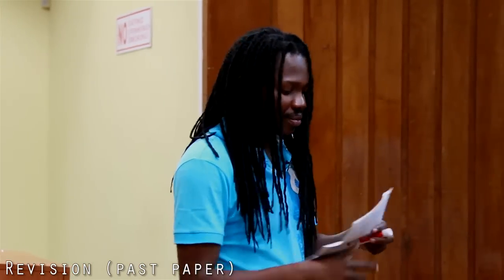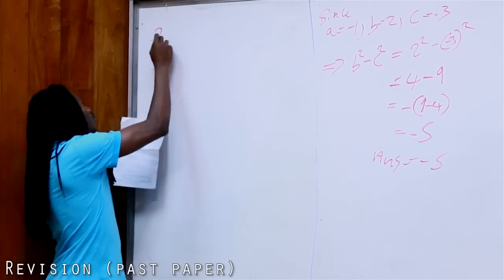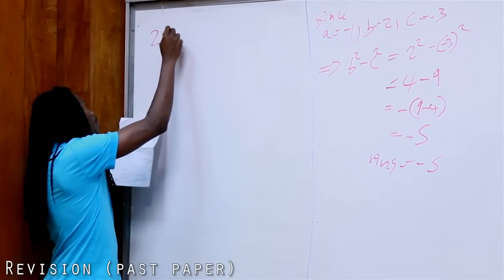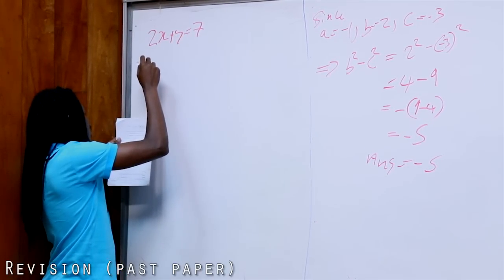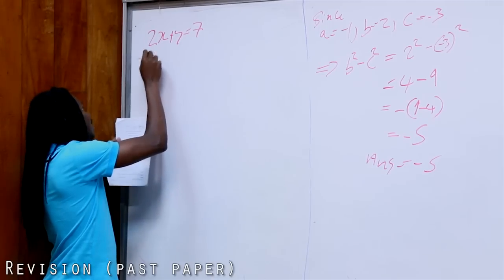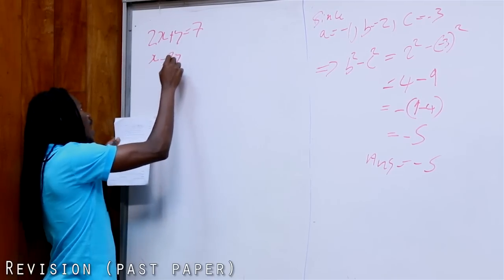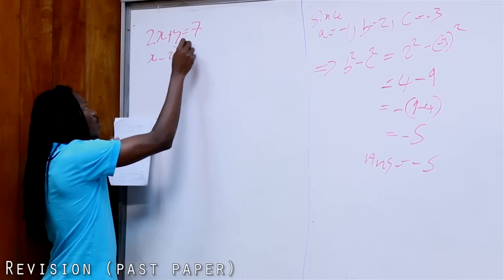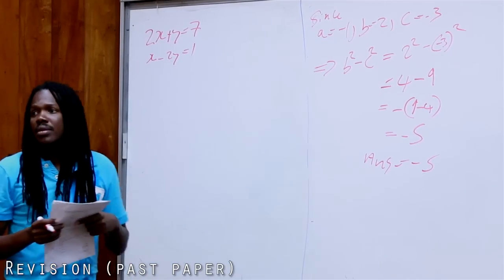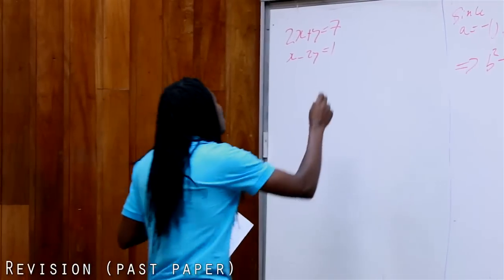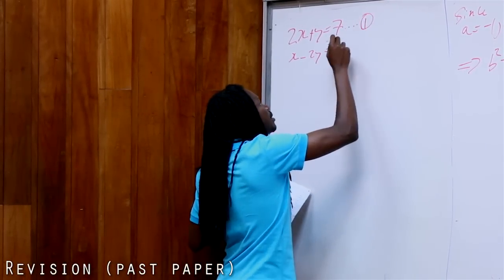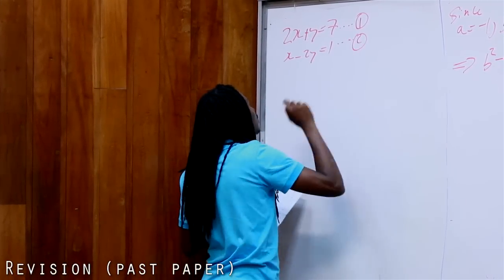Solve the simultaneous equation. 2x plus y equals 7. x minus 2y equals 1. Simultaneous equation. Equation 1, equation 2.